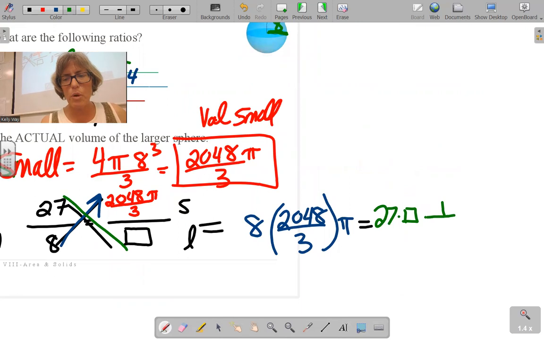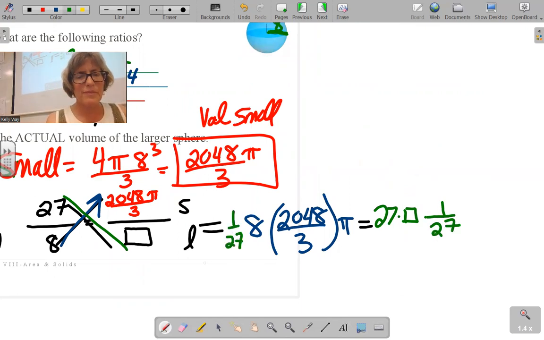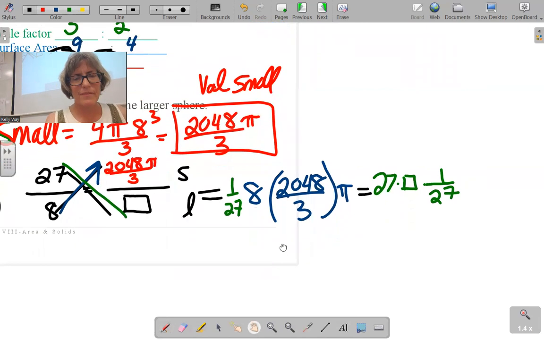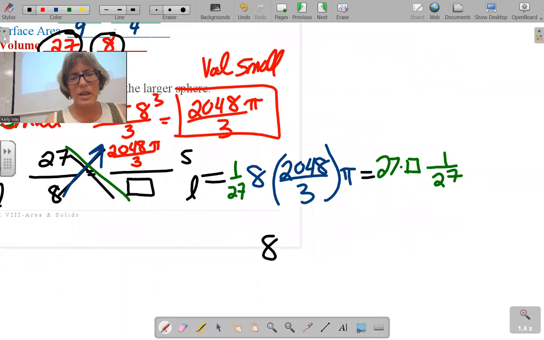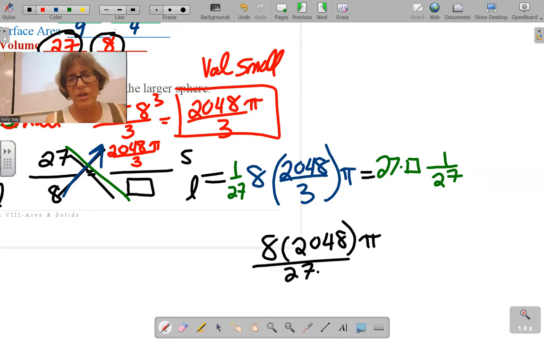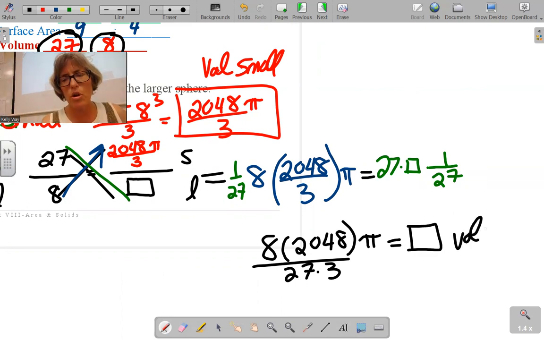I'm going to multiply both sides by 1 over 27. So I get 8 times 2048 pi over 27 times 3, and that is going to be our unknown volume.